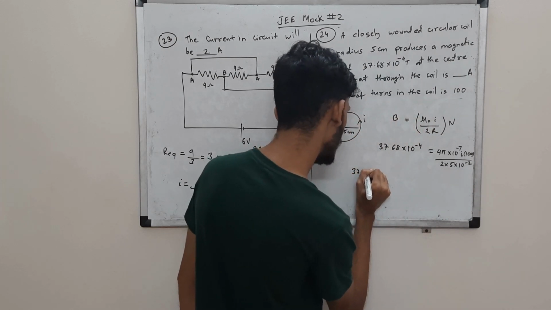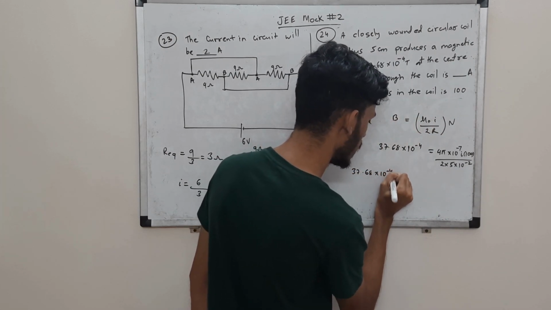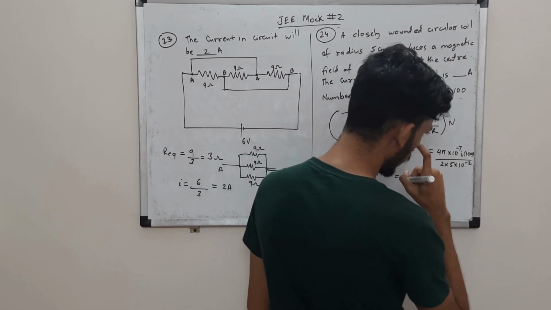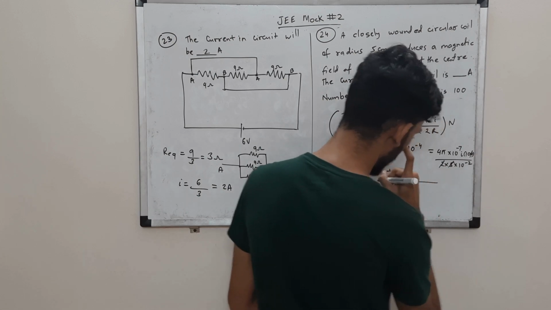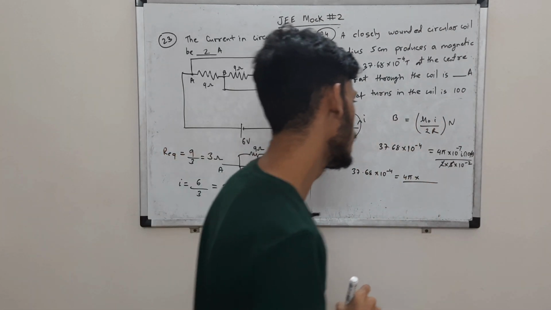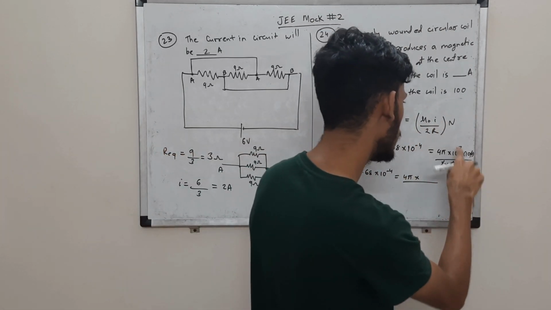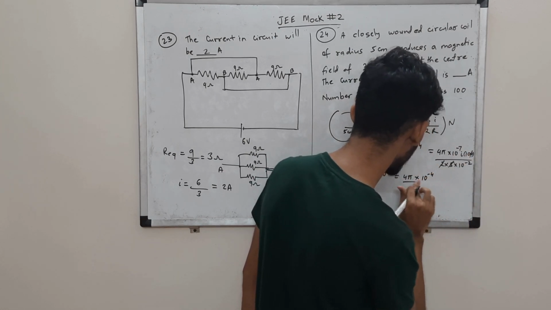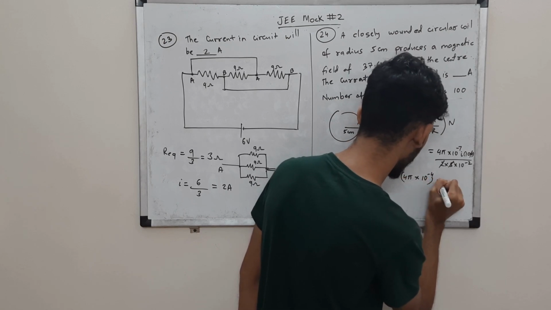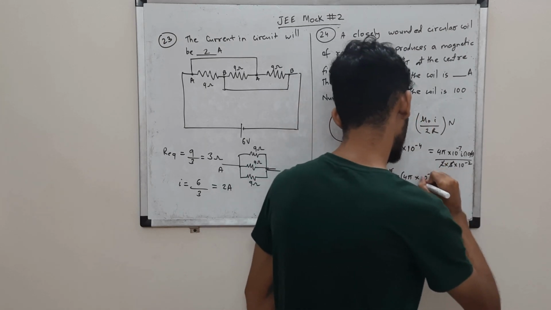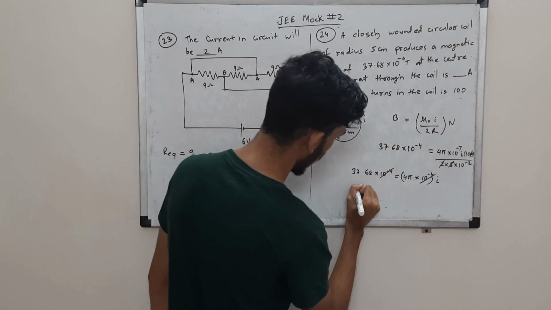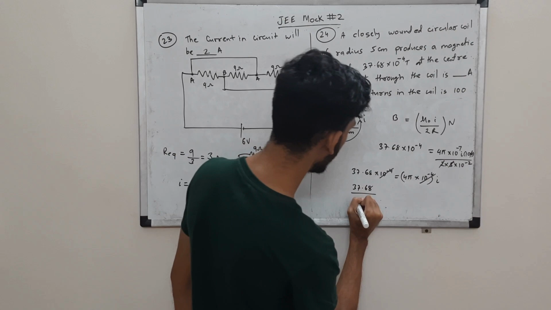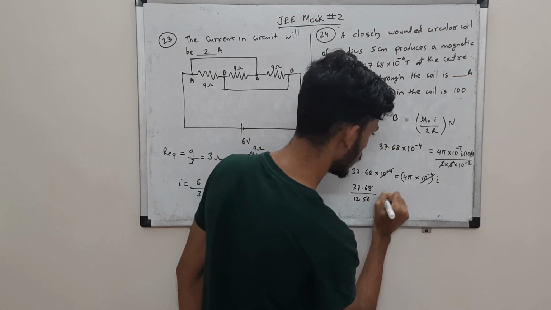So we have 37.68 into 10 to the power minus 4 into 4 pi into, we'll simplify the powers. 2 5s are 10 and this can get cancelled, and this will be 10 to the power minus 5 and that will be 10 to the power minus 4. So simplified, into I, which we are supposed to find. 10 to the power minus 4 cancels, and 37.68 divided by 4 pi is 12.56, so this is I.